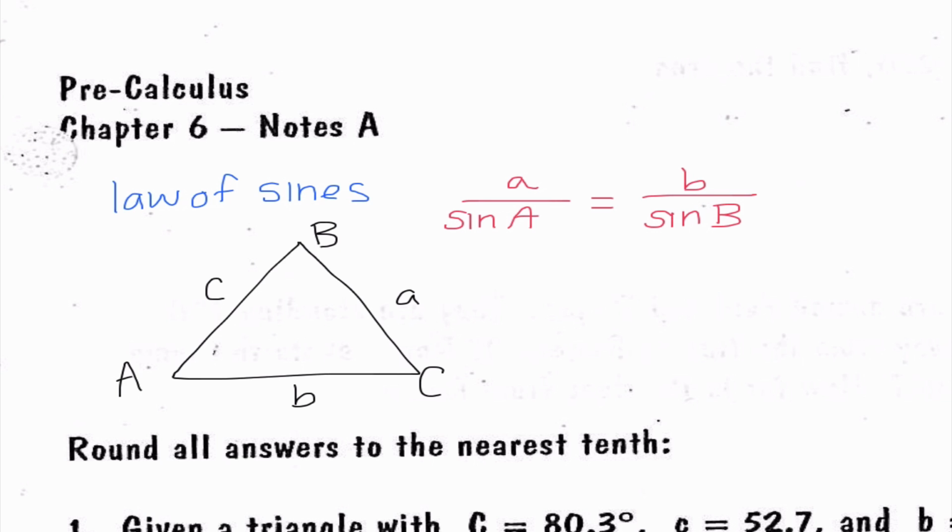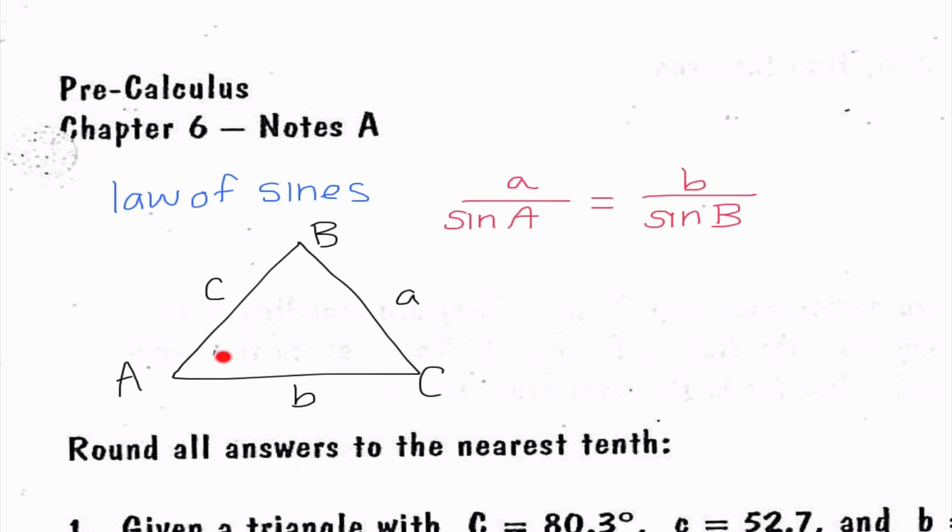The thing that is important for us, we're used to writing our angles lately as Greek letters, and today we're going to be using capital letters. So we're going to use A, B, and C, and we know opposite from the angle, we write the side by using the lowercase version of that letter.